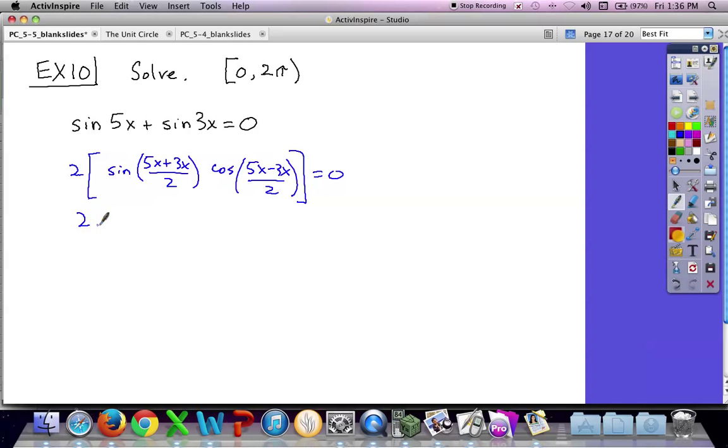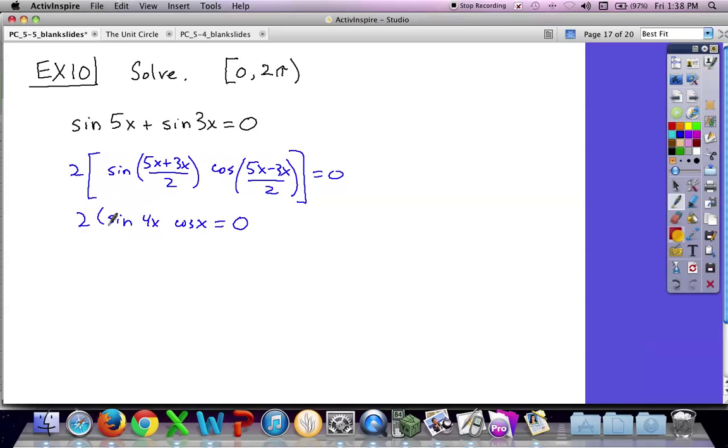So that's 2 times the sine of 8x over 2, which is 4x, and the cosine of 2x over 2, which is x.